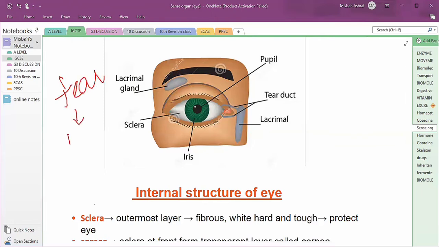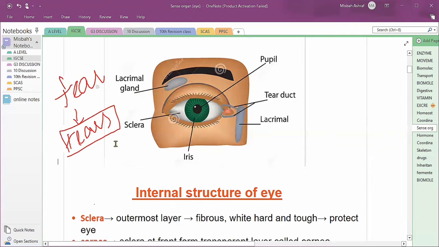It produces tears, and tears lubricate the eyes and prevent dehydration. The upper and lower eyelids spread the tears onto our eye, preventing dehydration, and that is possible only because of the tears. Tears hydrate the eye and reduce friction, which helps in the easy movement of the eyelids, right?